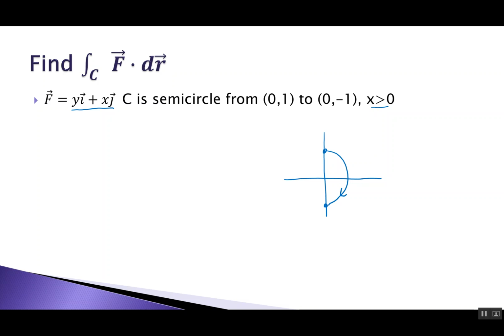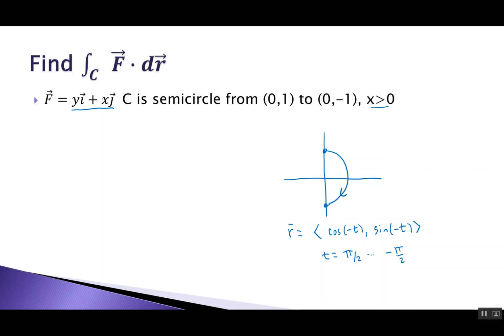So this looks like it could be a sine and a cosine, but I'm going the wrong direction. So since I'm going backwards, this is going to be cosine of negative t and sine of negative t. And t goes from pi over 2 to negative pi over 2. I can have time go backwards on these. They're fine. No problems.